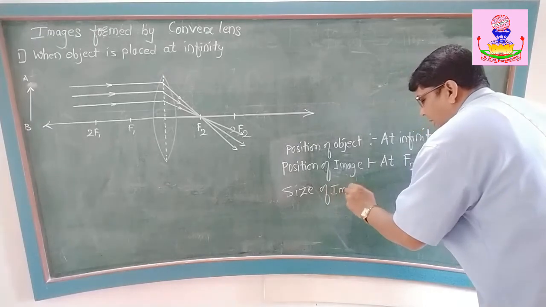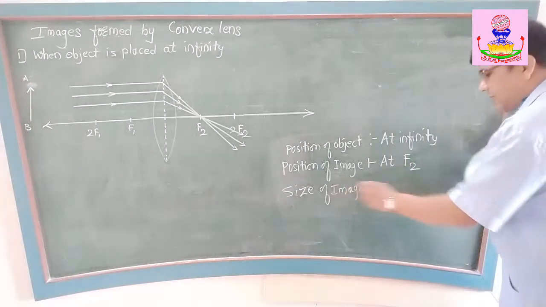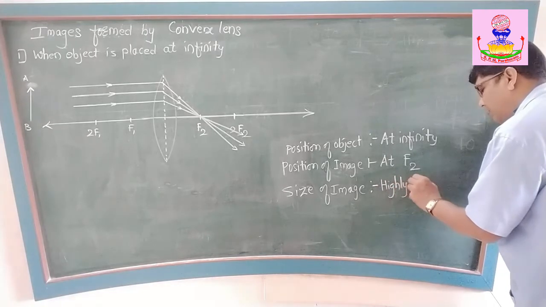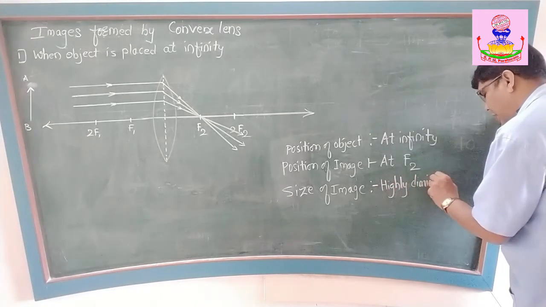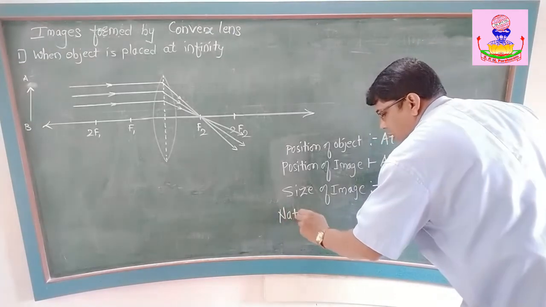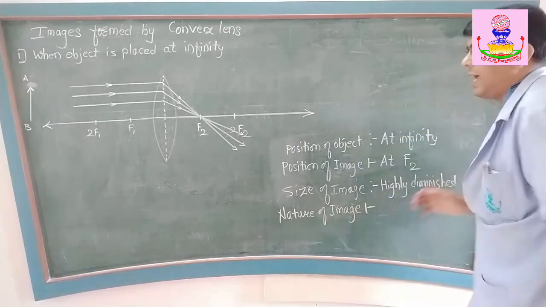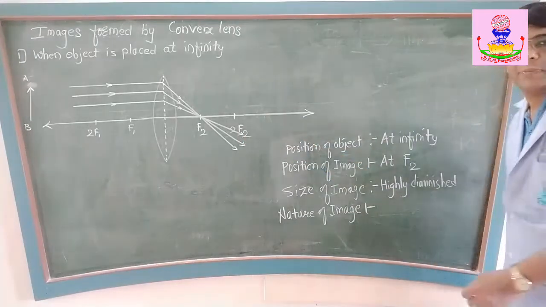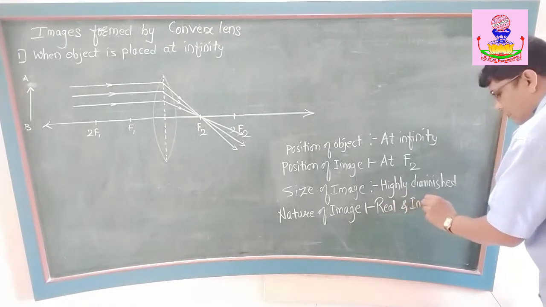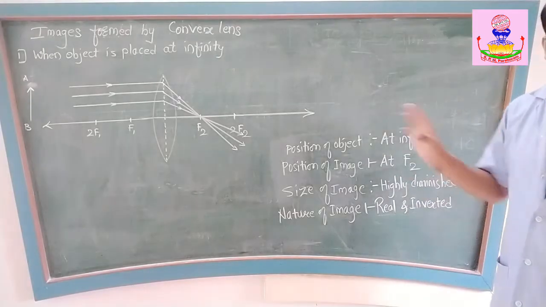Now this table is in your book, but if you write at that particular position now, we remember them exactly. So size of image: highly diminished, or very small, or as per the book, point image. And nature of image. Now rays of light, they actually meet. So nature of image is real and inverted.